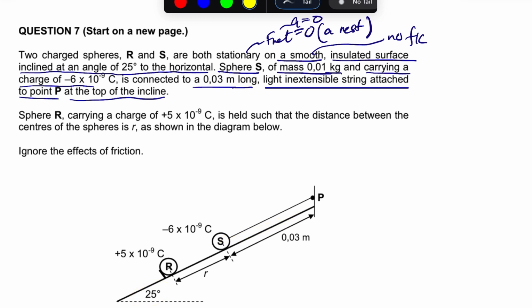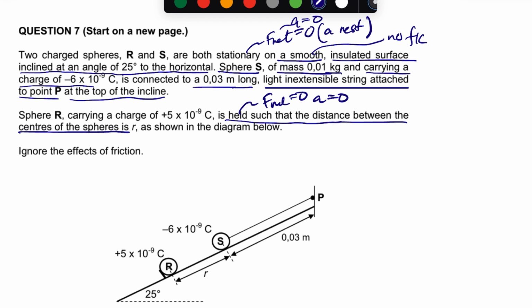Right, now it says a sphere R, we're referring to this one, carrying a charge of 5 nanocoulomb, which is positively charged, is held. Also it's held, that means it's at rest. That means the F net is equal to 0, the acceleration equal to 0, held in such a way that the distance between the centers of spheres R and S is shown in the diagram below.